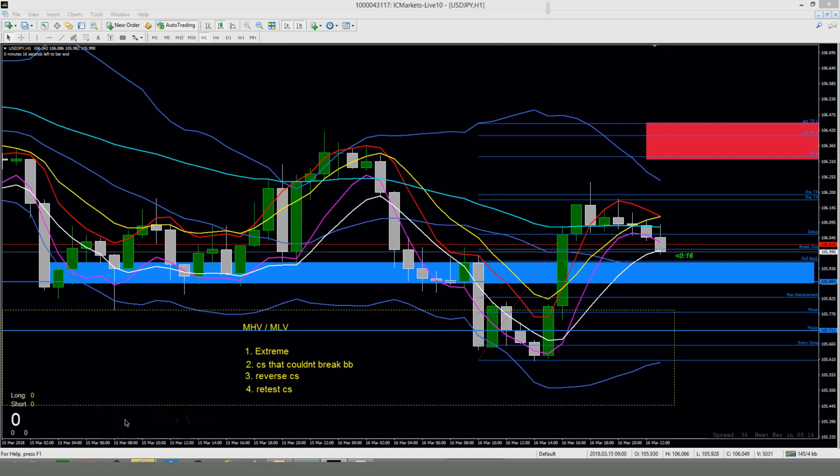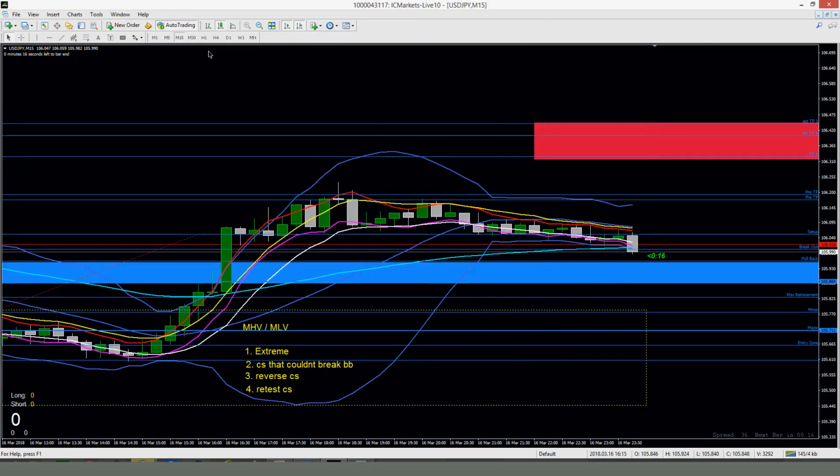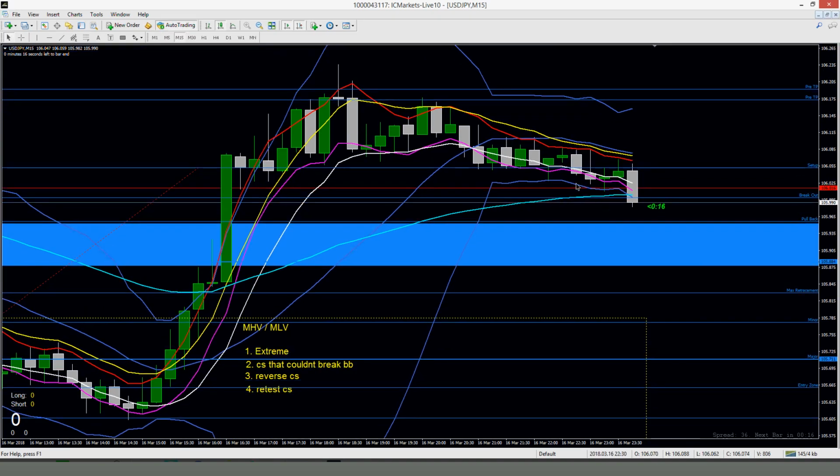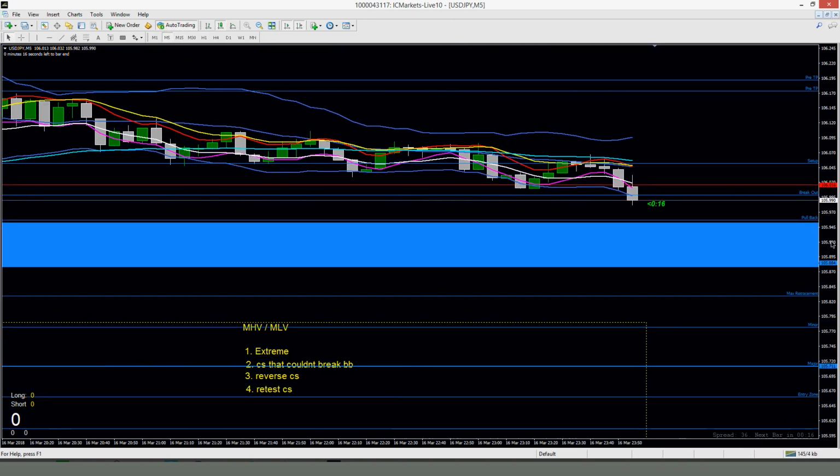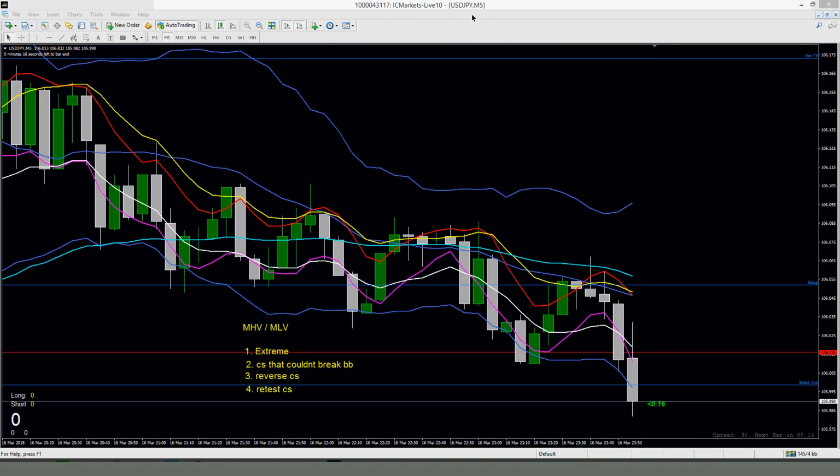So based on this entry, I would look for an MHB setup or an extreme at this particular juncture. Right now we have a sell MHB over here, and the market is going down. So if the market's going down over here, I would go to M5 for confirmation of where the market is going.